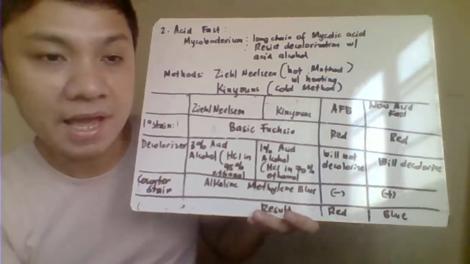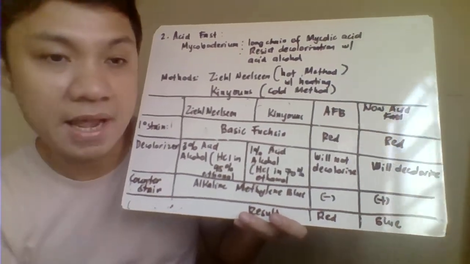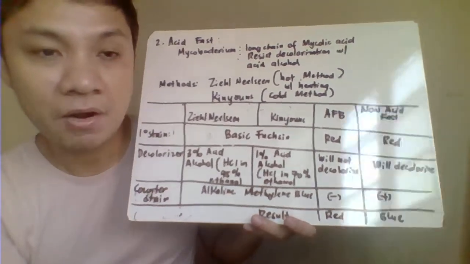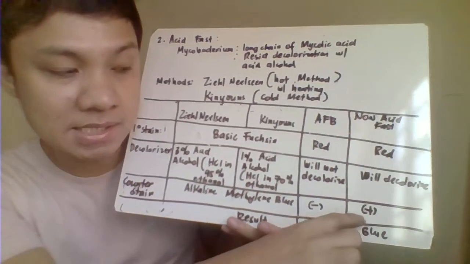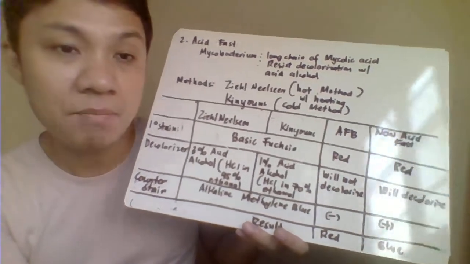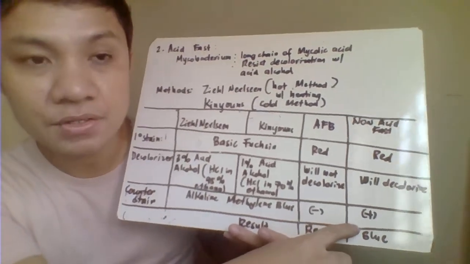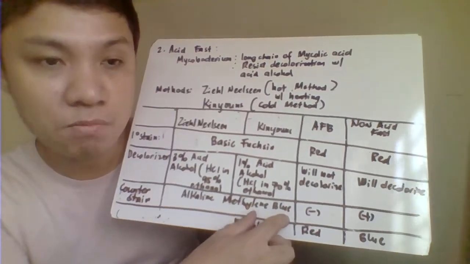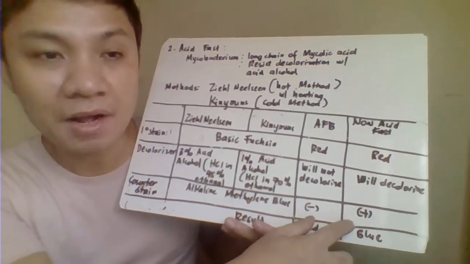How about for your non-acid-fast bacilli or bacteria? For the non-acid-fast organisms, since after the decolorization process the primer stain has already escaped, upon application of your methylene blue, it will take up your counter stain.